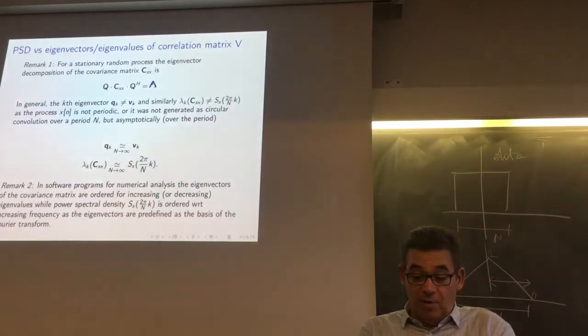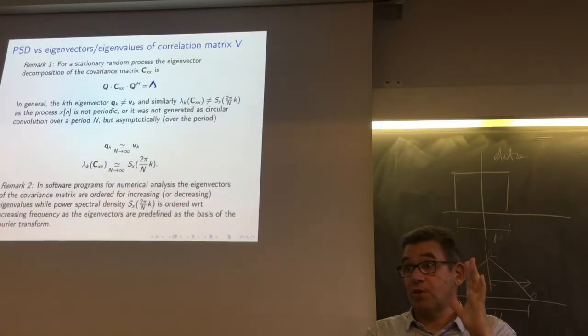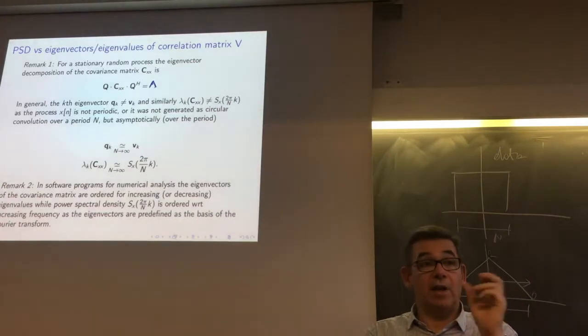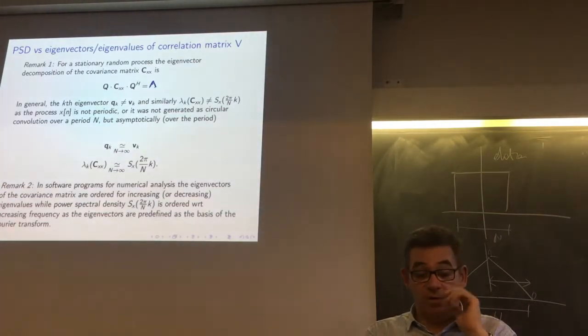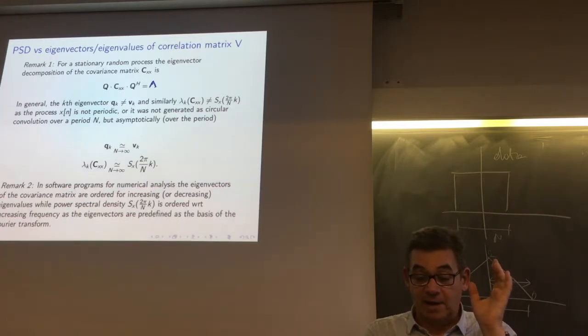So the property is the following. Assume that I have a stationary random process, and I calculate the eigenvectors. Having a stationary random process, I can calculate the covariance matrix.